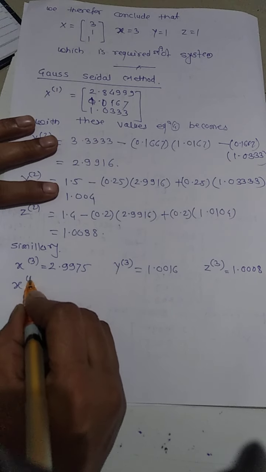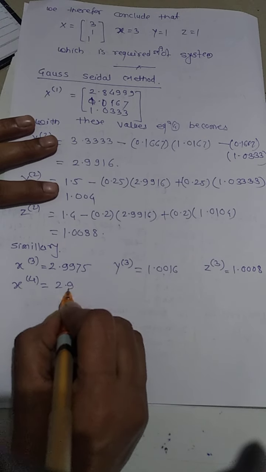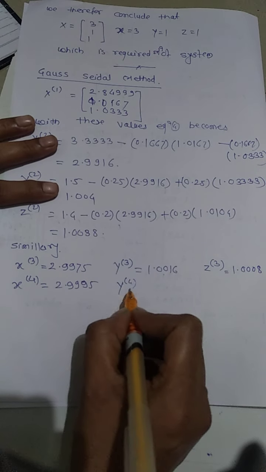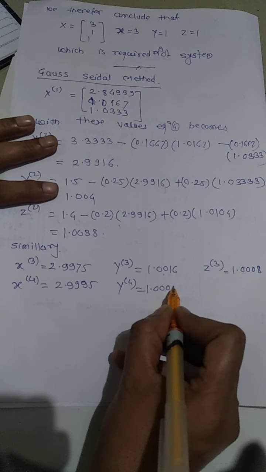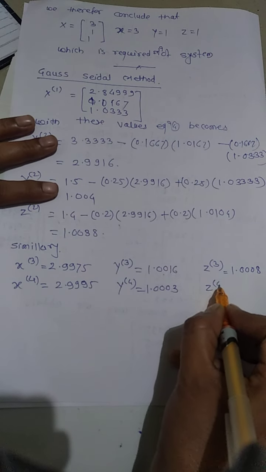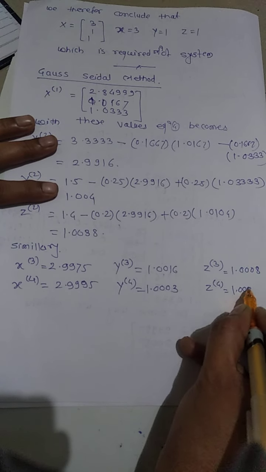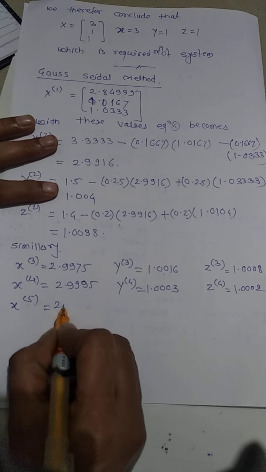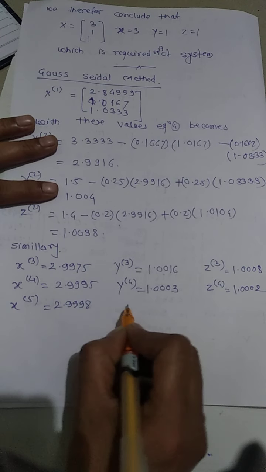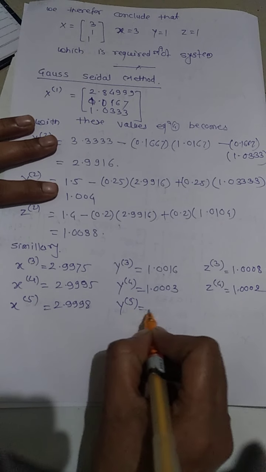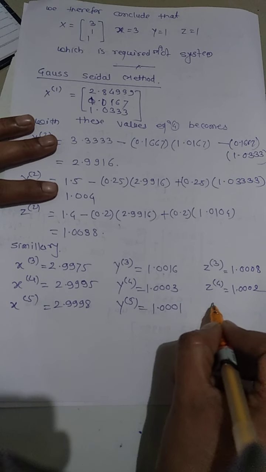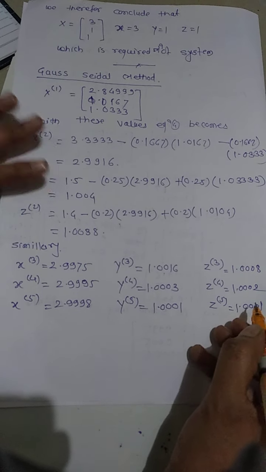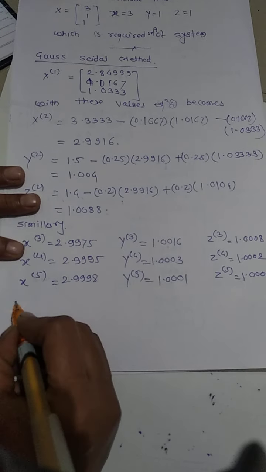Then x of 4 is 2.9995, y of 4 is 1.0003, and z of 4 is 1.0002. Then x of 5 is equal to 2.9998, y of 5 is equal to 1.0001 and z of 5 is equal to 1.0001.